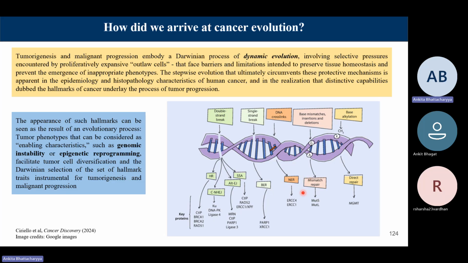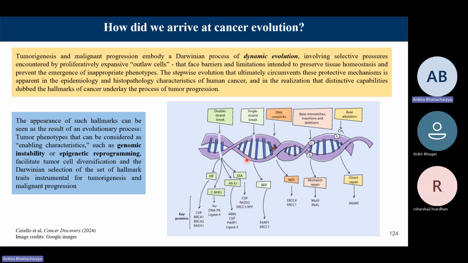Then you have the nucleotide excision repair, which is responsible for removing these kind of DNA adducts, which are also called DNA crosslinks. And sorry, this was direct repair. This is base excision repair. So there can be a single base change, and then that can be altered. Double strand breaks are repaired by different sort of pathways, but mainly by the homologous repair pathway, which has a major role to play.